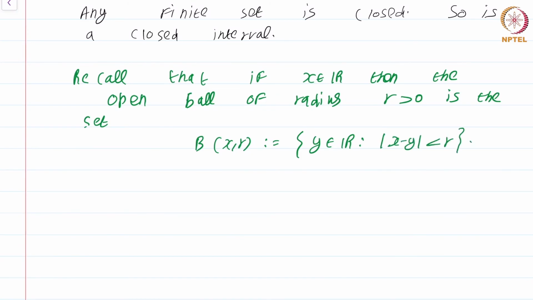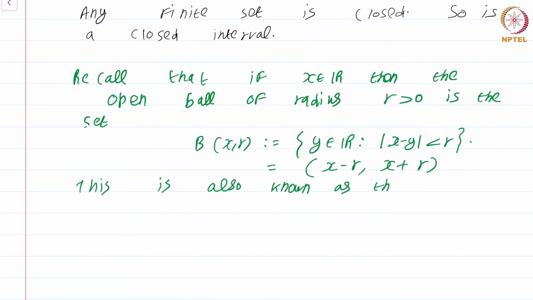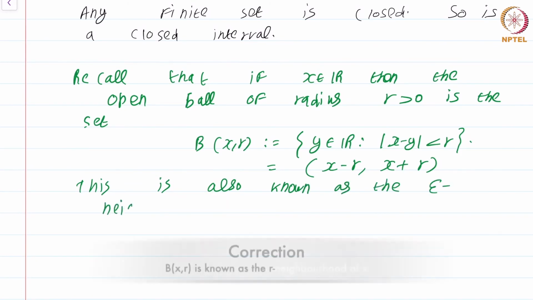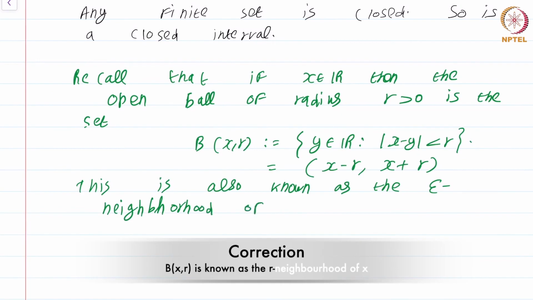Or in other words, this is just the open interval (x minus r, x plus r). This is also known as the epsilon neighborhood of x.